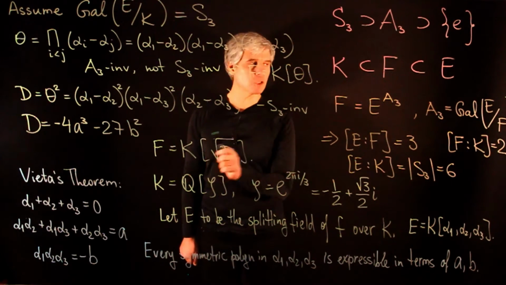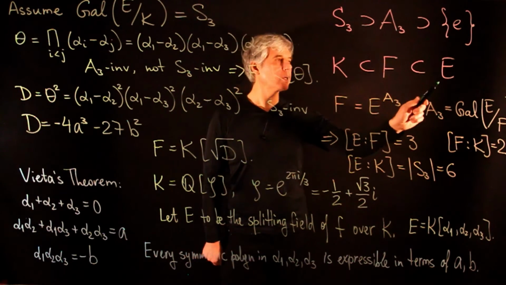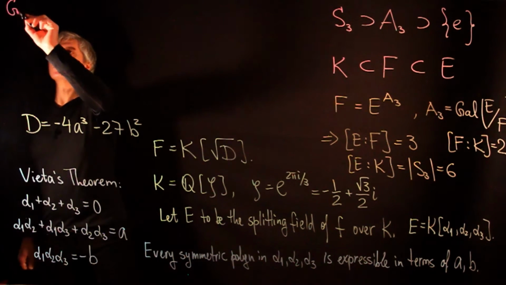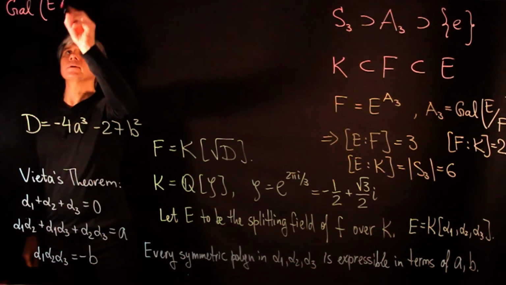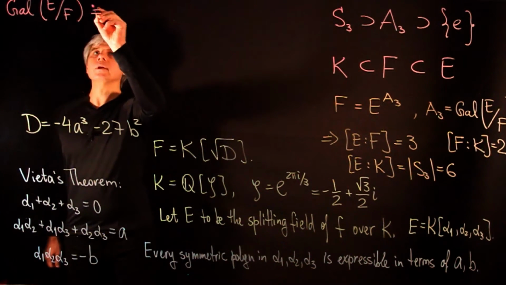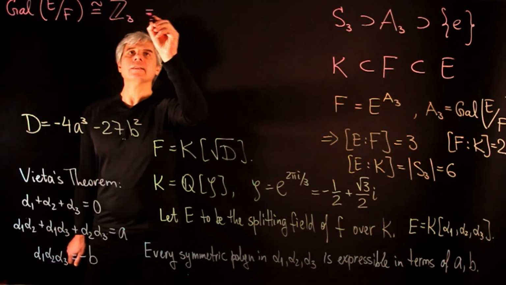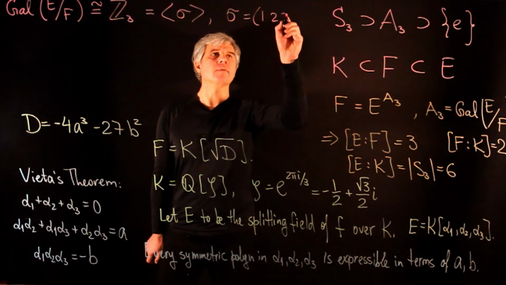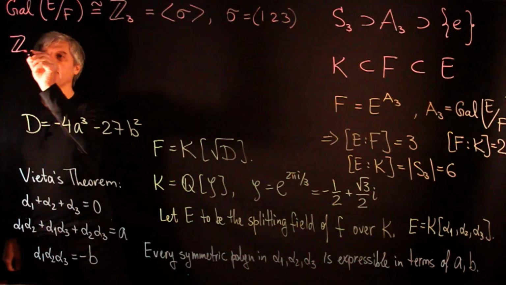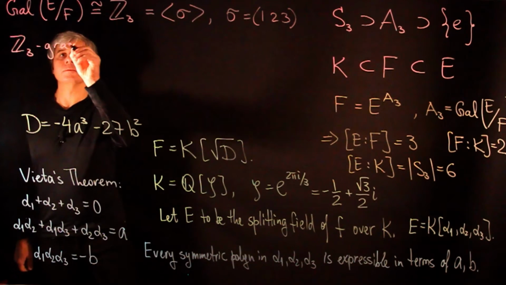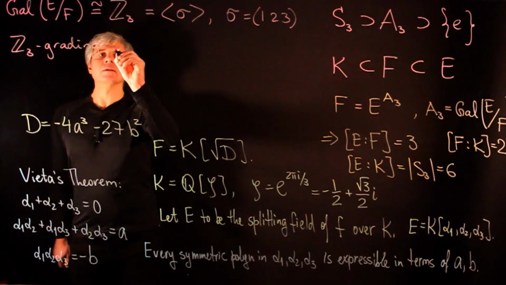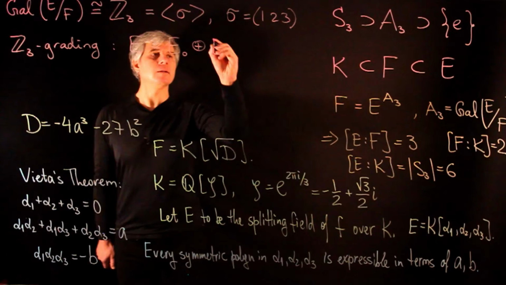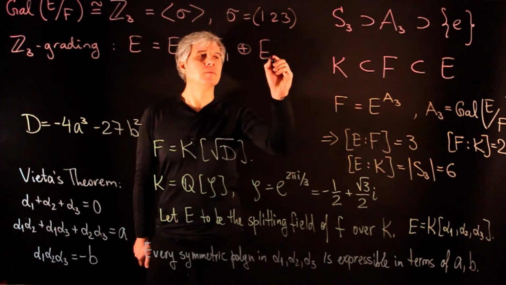Now that we have the description of the field F, let us look at E as an extension of the field F. The Galois group of E over F is a cyclic group of order 3, and it has a generator sigma, where sigma is a 3-cycle (1 2 3). We can write a Z3 grading on E. So E is a direct sum of E0 plus E1 plus E2.